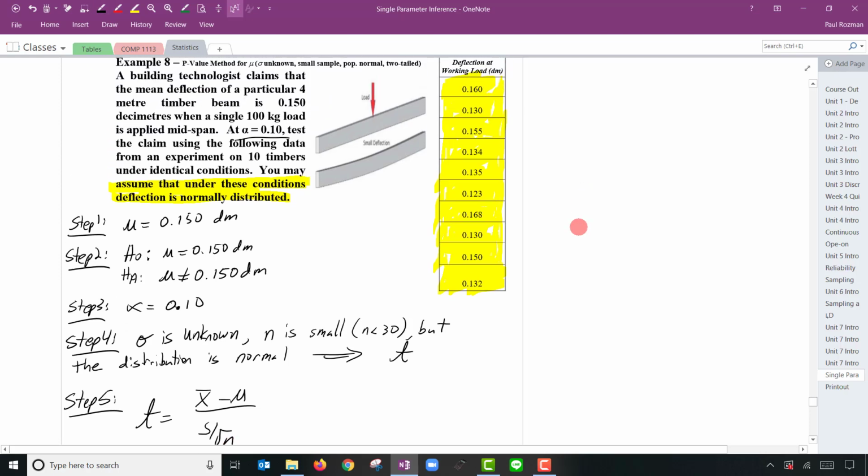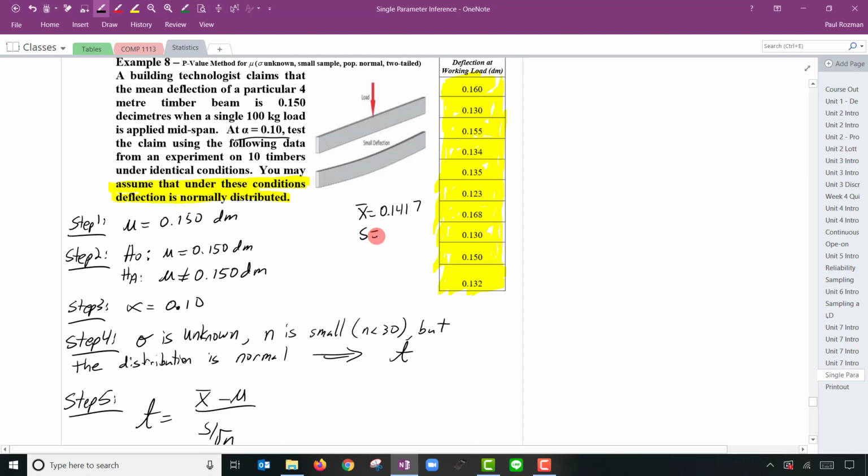In order to do this, now I need to punch these 10 numbers into my calculator. You know, get your calculator into stat mode, or use Excel if you have it. Punch those values in. Our mean turns out to be, sorry, 0.1417.